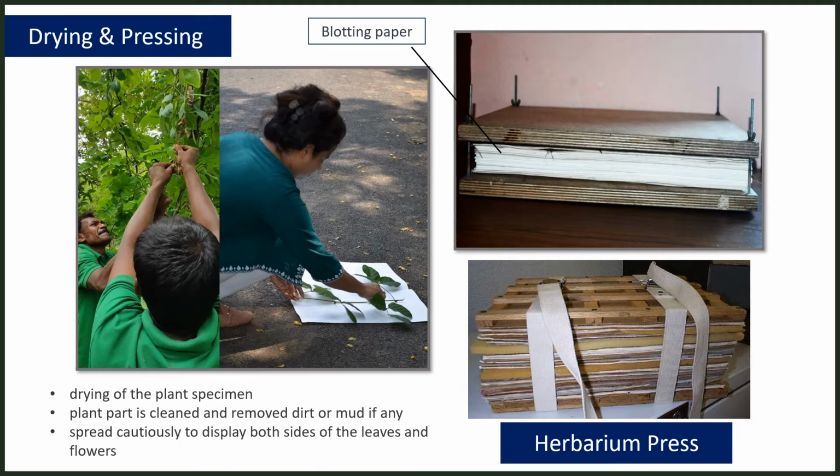And the flowers are arranged in a particular way. So the plant size should not exceed the size of the herbarium sheet, which is 28 by 48 centimeters in dimension. So you have to make sure that the plant fits the dimension of the herbarium sheet or the mounting paper.